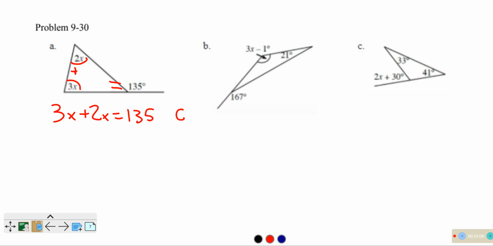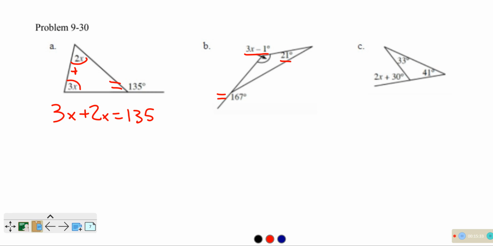You are going to combine like terms. Then you are going to regroup. These are the skills necessary to find the value of x. Each of these are the same pattern. 3x minus 1 plus 21 will equal 167.